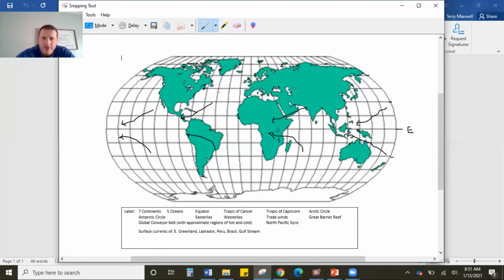Now from there, we have the westerlies. Now, like the name sounds, going to come out of the west, whereas the trade winds come out of the east. And so our westerlies, and if you can think about this, the northern hemisphere, it's clockwise motion. So if this is our motion going this way, then our westerlies would move in this manner.